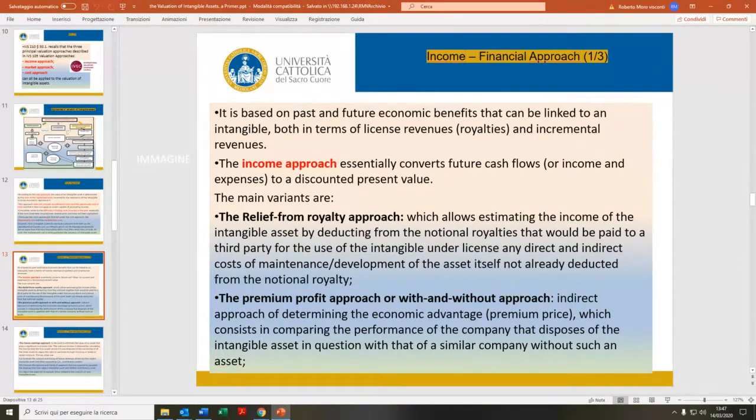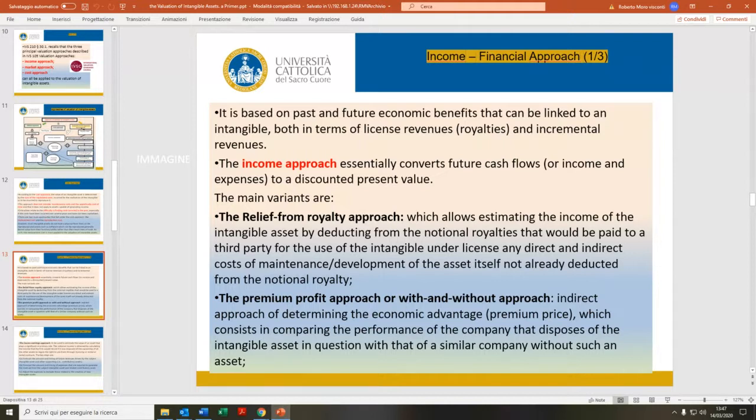So we have some similarities about incomes and cash flows. The income approach is based on past and future, especially future economic benefits that can be linked to an intangible.